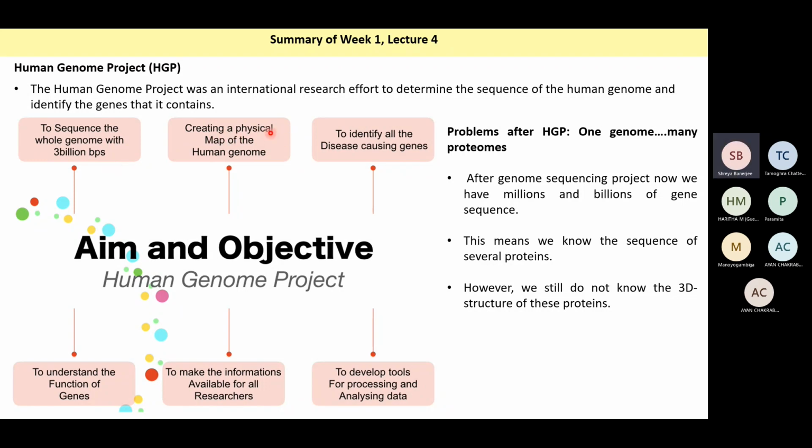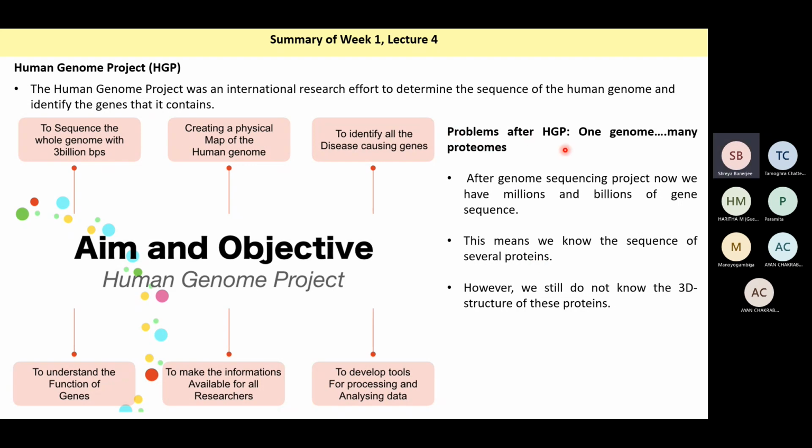Secondly, creating a physical map of the human genome. Then, to identify all the disease-causing genes. The fourth was to understand the function of these genes and to make the information available to all researchers. And finally, to develop tools for processing and analyzing data.